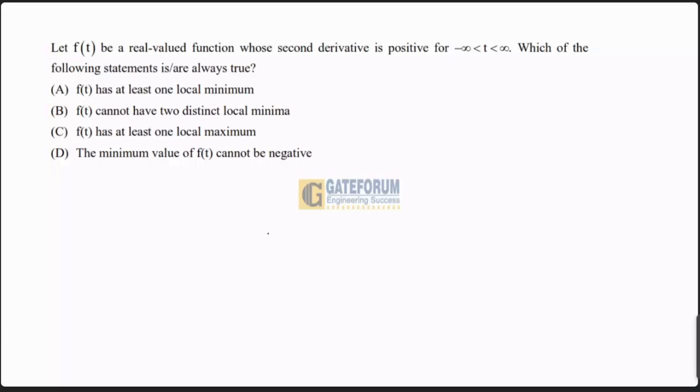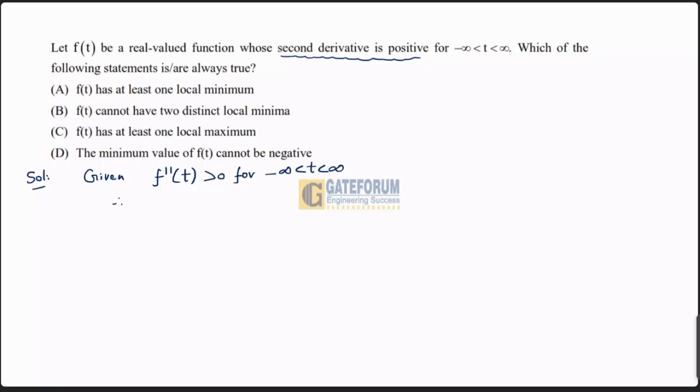The solution is: the function whose second derivative is positive is already given. Okay, given f double dash t, the second derivative, greater than 0 for minus infinity less than t less than infinity.